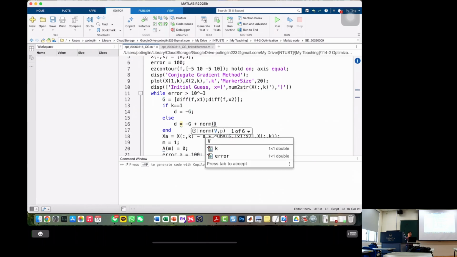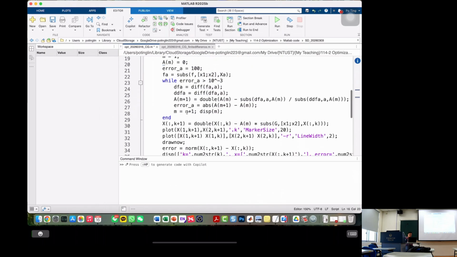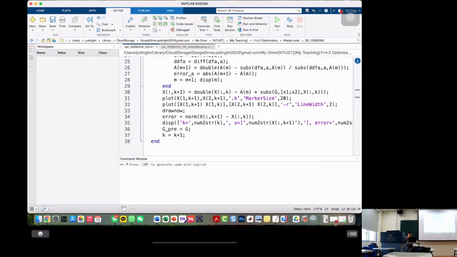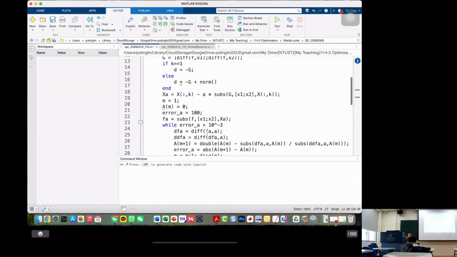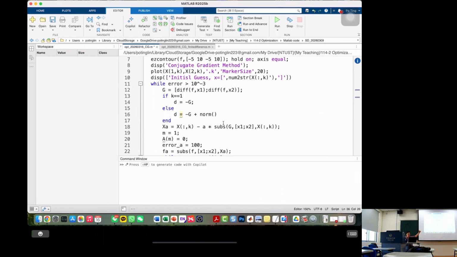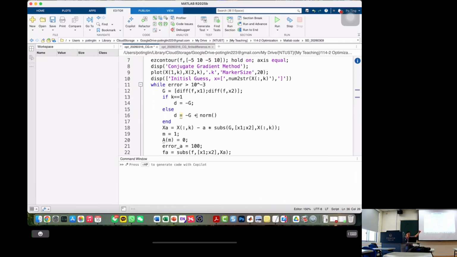I also need a previous d, so at the end, I also need d pre equals d, a short-term memory. So when I'm back at the beginning of my second iteration, I already have d pre.